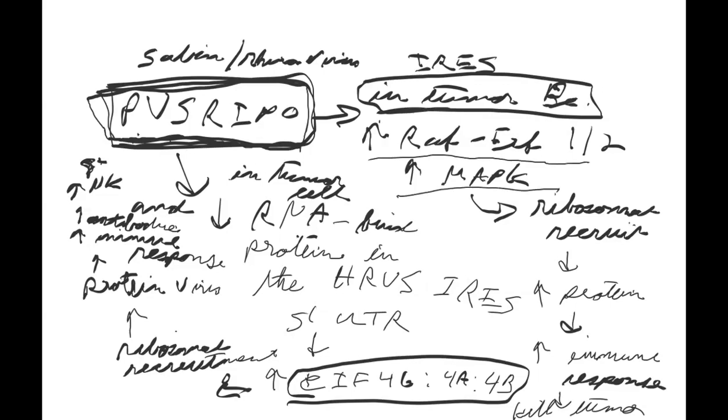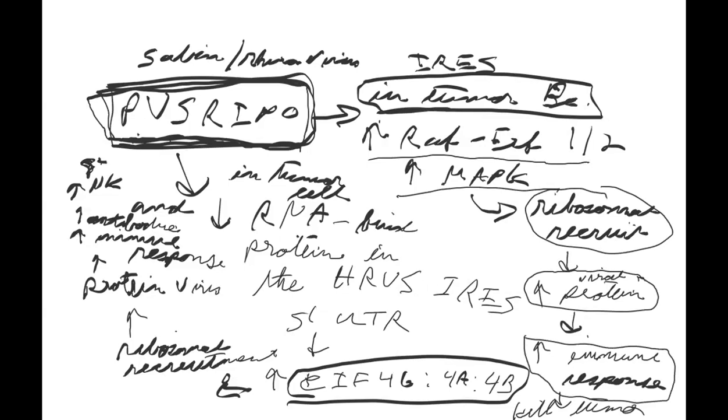This allows for ribosomal recruitment. Ribosomal recruitment increases protein of the virus. Then it has an immune response, and then it recruits cells, antibodies, and kills the tumor.